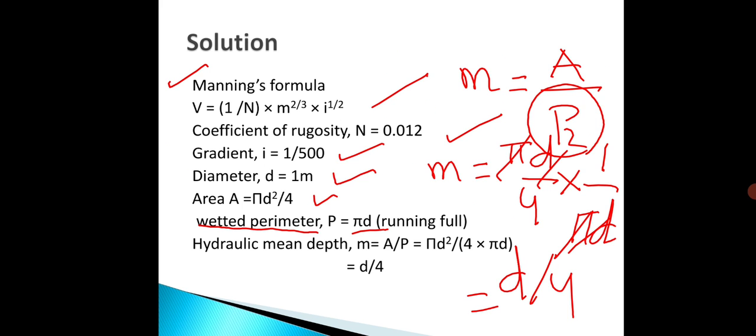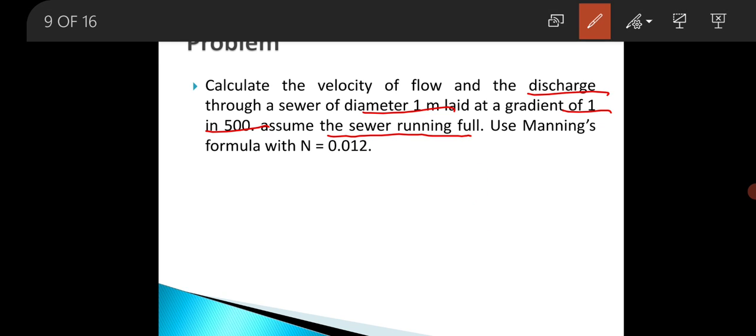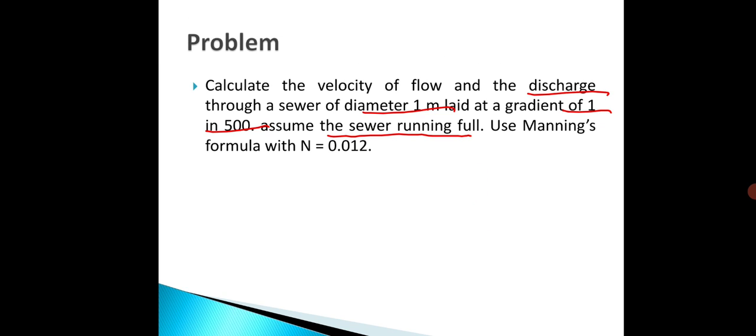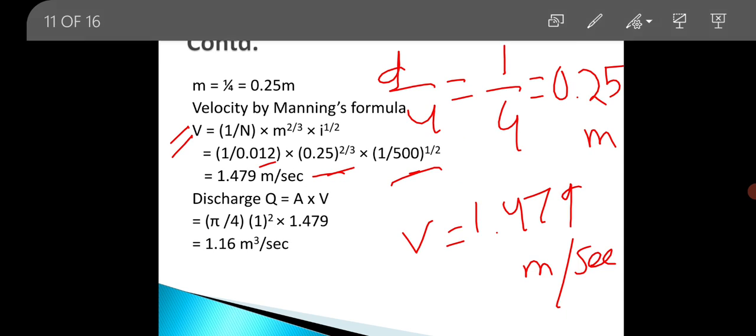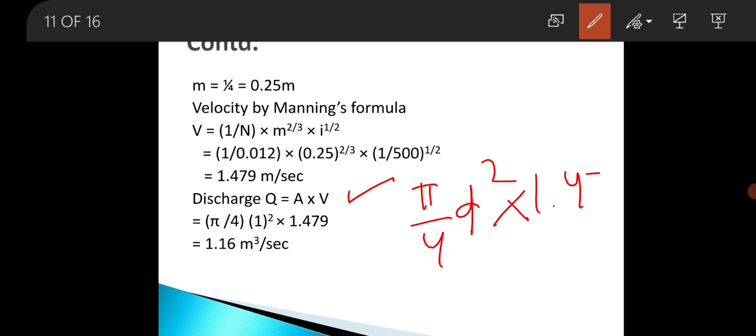Then the question is to find also the discharge through the sewer. Discharge is equal to area into velocity. Area is pi by 4 d square, velocity is 1.479, which we have just found. By multiplying these two values, you will get the discharge as 1.16 cubic meter per second.